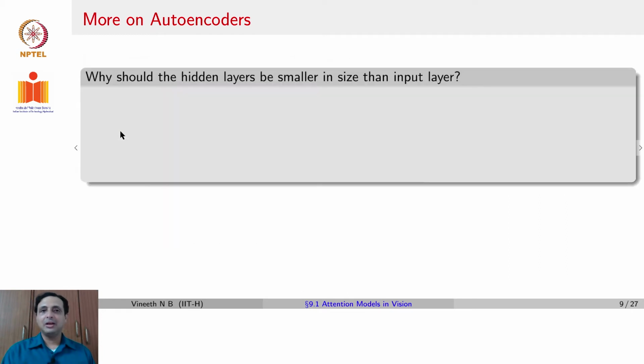With that introduction to autoencoders, let's ask one question. In all the architectures that we saw so far with autoencoders, we saw that the hidden layers were always smaller in dimension when compared to the input layer. Is this always necessary? Can you go larger?